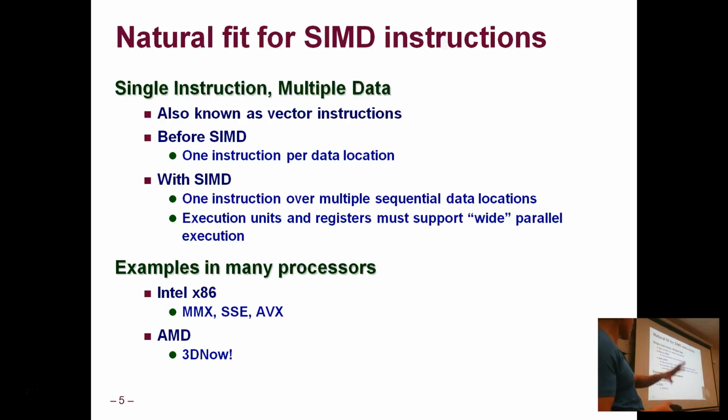Everything before was one instruction per data location. With SIMD, you have one instruction that can operate over multiple sequential data locations. These are the new classes of instructions that I'm going to introduce to you. Before, there was only ever one data location, but now we're talking about multiple data locations. To support this, both the execution unit and the registers themselves must be wide.